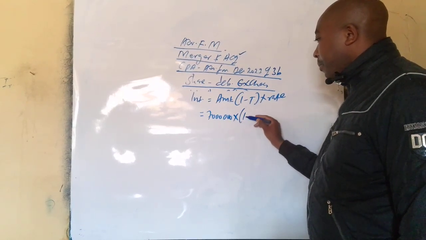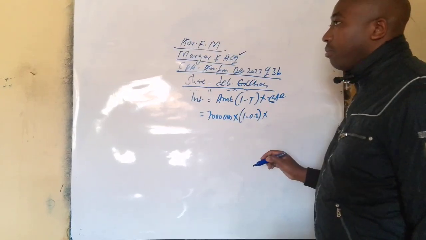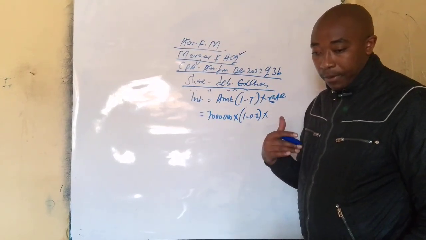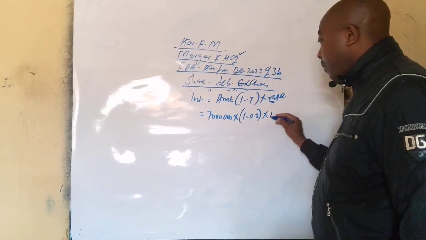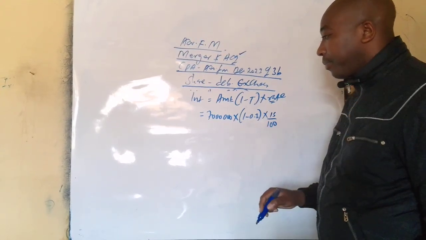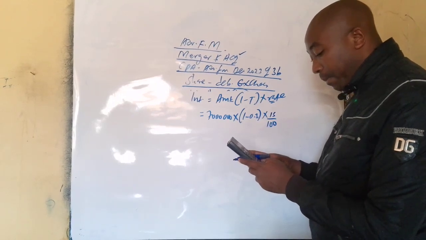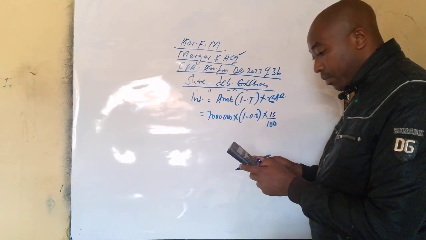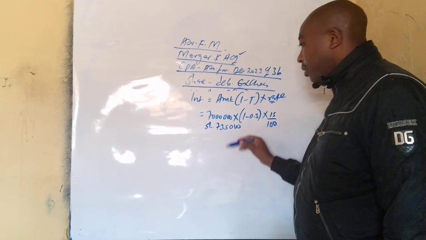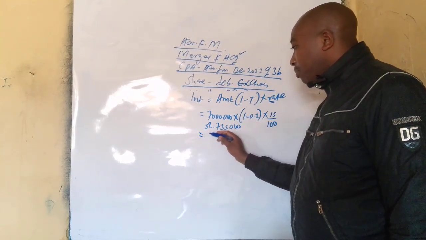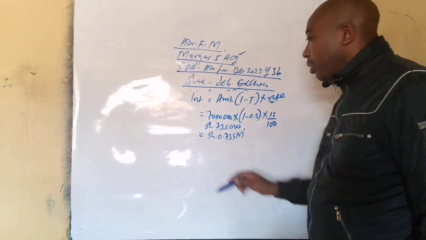I multiply by 1 minus tax, which is 30%, then times the rate. This debenture is earning interest at the rate of 15%. You get shillings 735,000. If you want to write it in terms of million, it will be shillings 0.735 million.